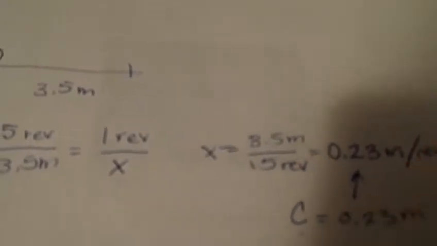And we also know that the formula for circumference of a circle is 2 pi r equals 0.23 meters, or since 2r is our diameter, and that's what we want, altogether pi d equals 0.23, d equals 0.23 divided by pi, which is 0.074 meters. Okay, so that's our first problem.